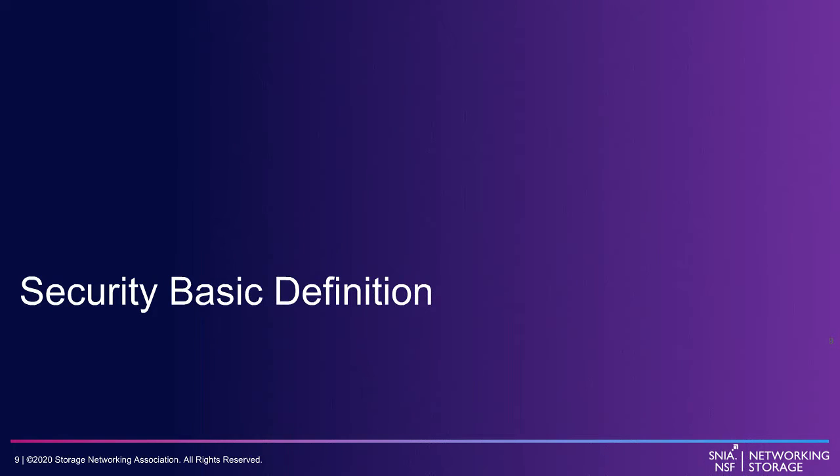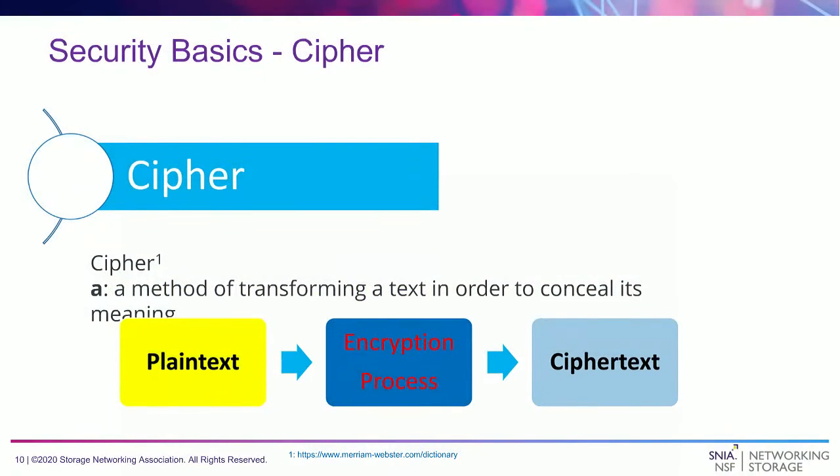Okay, so let's get to some basic definitions here. The cipher, as I spoke of several times in the intro, what does that mean? It just means that you are transforming some text to some other text through a process in order to conceal it.